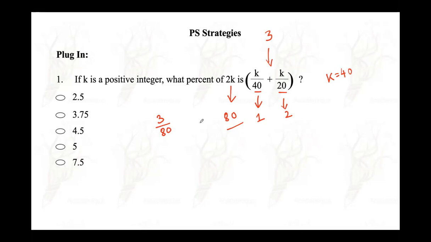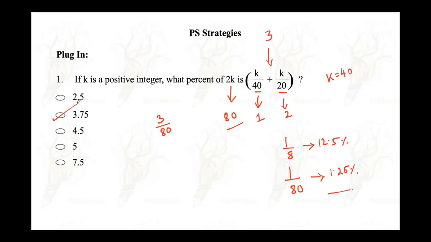Now, for anybody who knows the values and percentages as 1/4 as 25%, and therefore 1/8 would have been 12.5%. 1 by 80th would have been 1.25%. And therefore 3 by 80th would have been 3.75%.